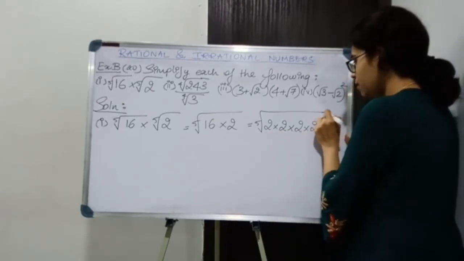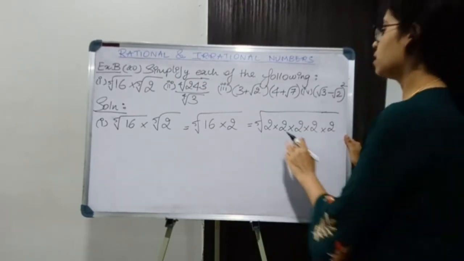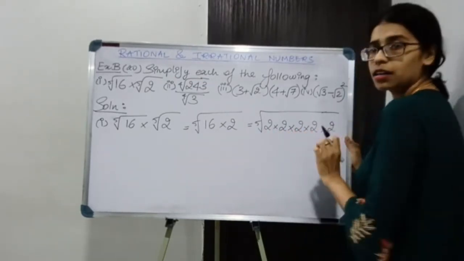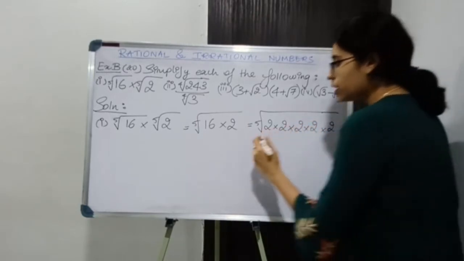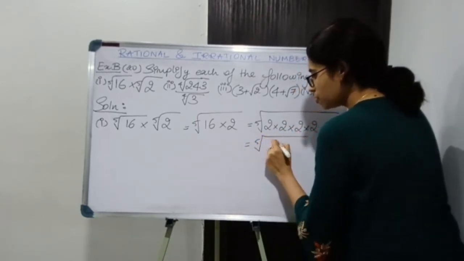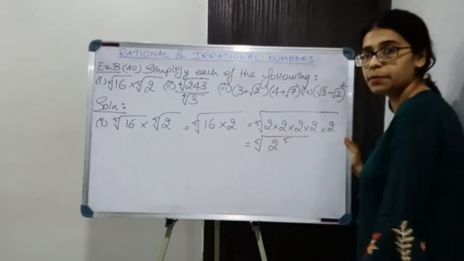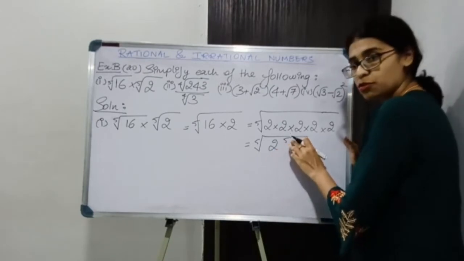And over here I have this 2. So this 2 is occurring 5 times. Okay, so I can write it like this. It is 5th root of 2 raised to 5, because 5 times multiply हो रहा है, so 2 raised to 5 हो जाएगा.